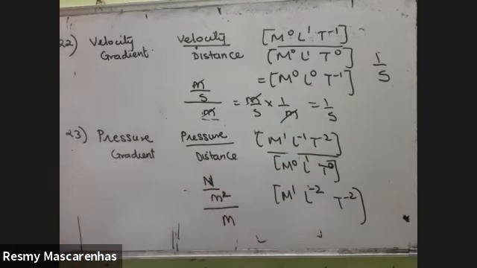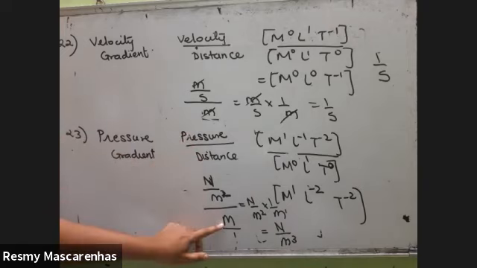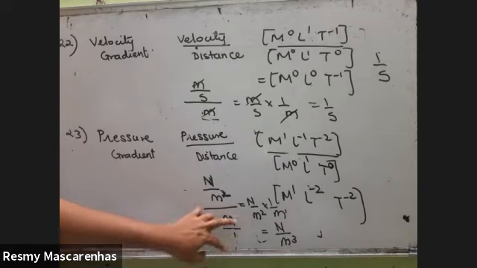If you cancel like this, it will be wrong. So m square into m will give me m cube. So N upon m cube is your unit. This is the unit for pressure, this is the unit for distance. If nothing is there, you have to take it as 1 and then reverse it.